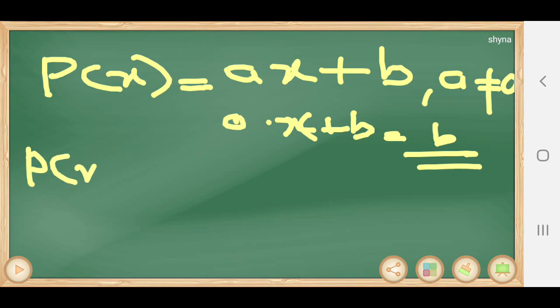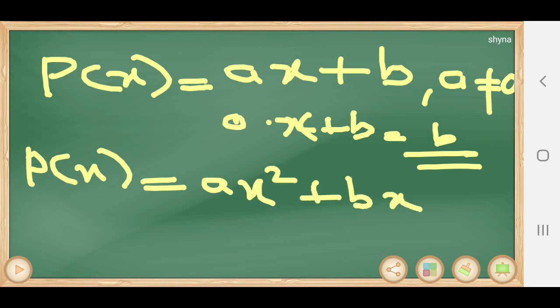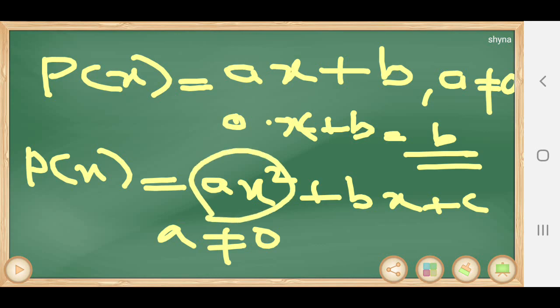Then, in the case of a quadratic polynomial p of x, we can represent it as ax square plus bx plus c. Here, a not equal to 0. If a equal to 0, what will happen? 0 x square plus bx plus c, that is, this will be 0. So, bx plus c. What is the degree of bx plus c? 1. It will become a linear polynomial. That's why if it is a quadratic polynomial, a should not be equal to 0.